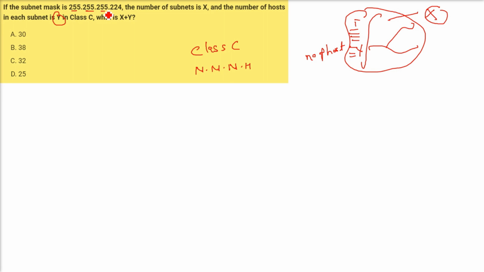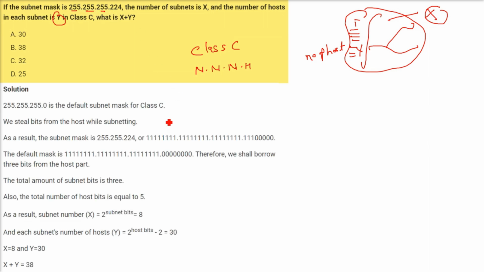Class C means the default is 255.255.255.0. So we have 1s 8 times, then 1s 8 times, then 1s 8 times, and then we have 224. 224 is 111.00000, so 3 ones and 5 zeros. Now, since this is class C, we don't have to worry about the first, second and third octets.